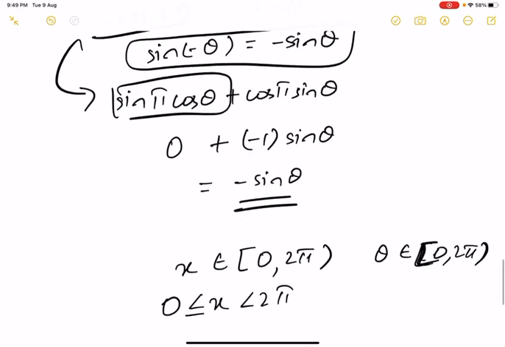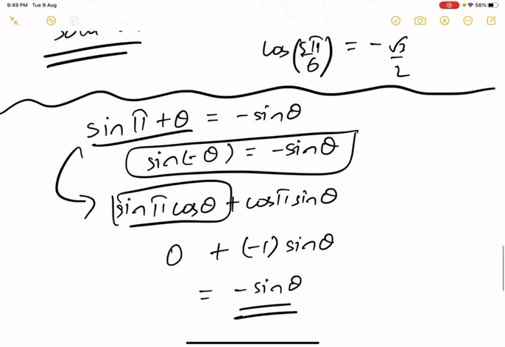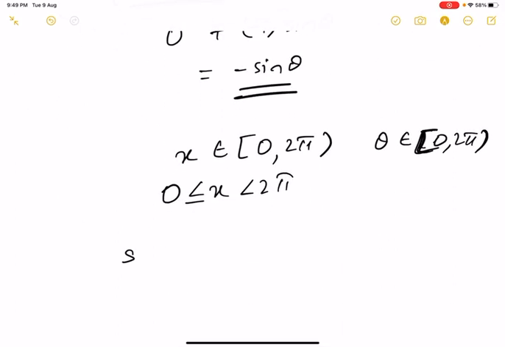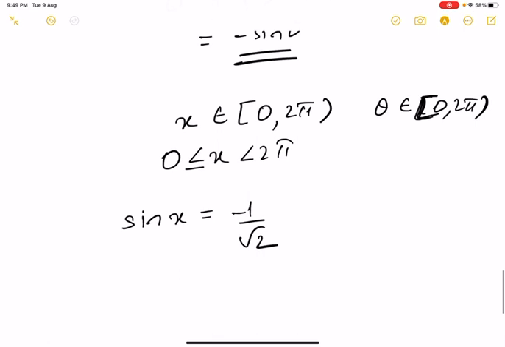So in principal solution you can't use this type of conversion because you are making negative theta. I'll give one example. Let's say you want to find the value of sine of x is equal to negative 1 by root 2.